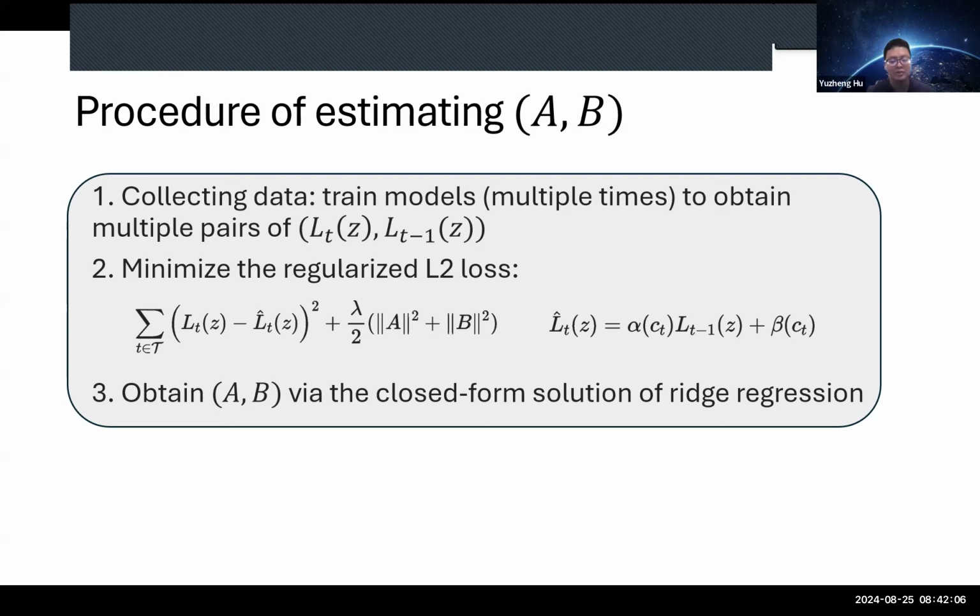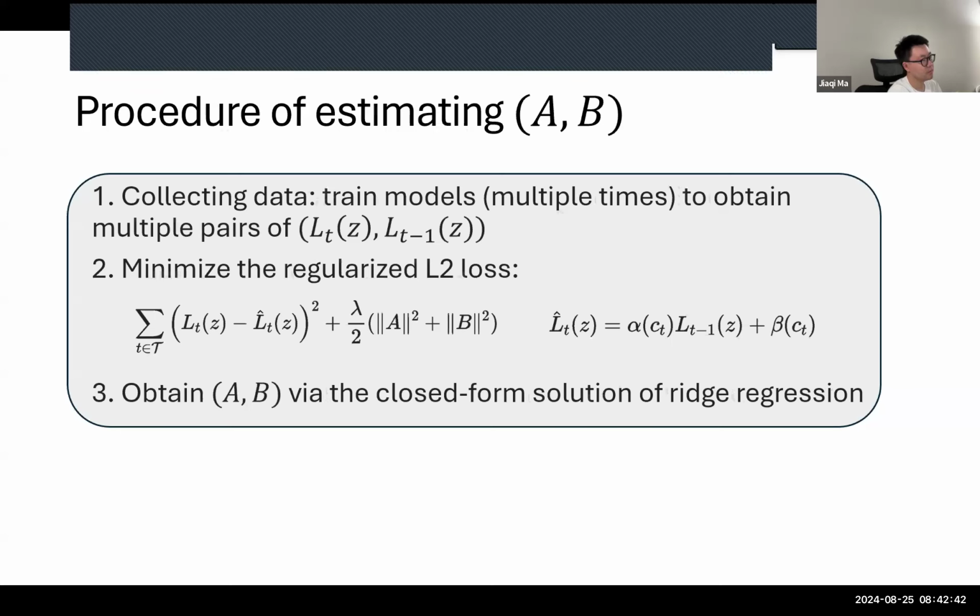This ensures that the solution is identifiable. So this basically means that you roughly need to collect O(n) pairs of losses. And this can be done in multiple ways. You can either train a model for very long epochs, or you can train multiple models using different curriculums.